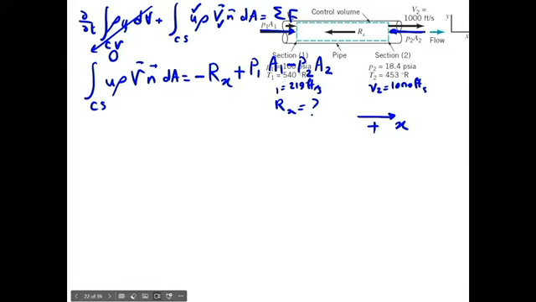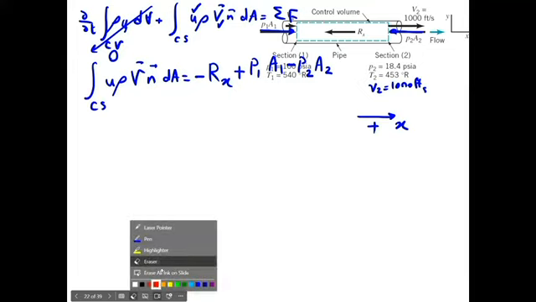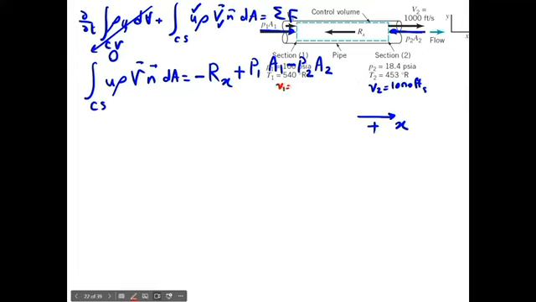Let me make it a bit neater here. So V1 equal to 219 feet per second, Rx. So I will continue to write that. This time I'm going to use m dot, but you are okay to use Q or whatever.